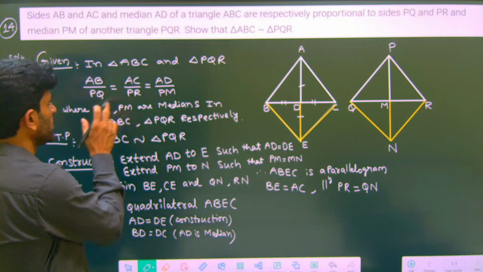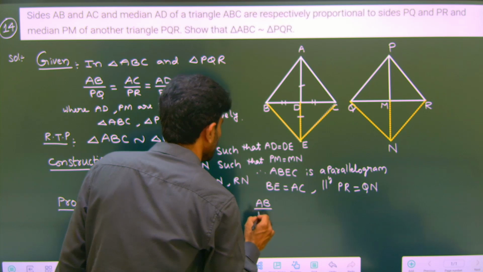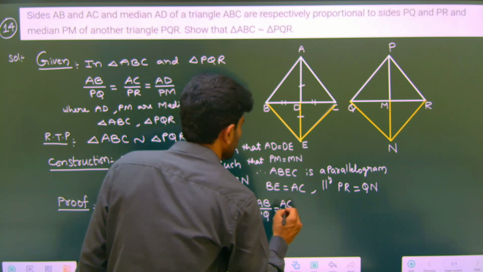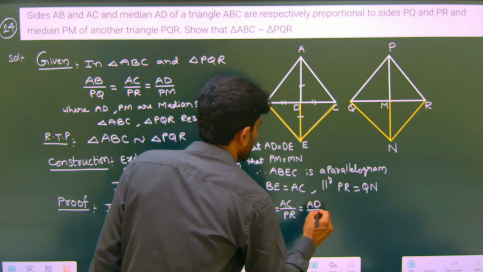Now we take the given ratio: AB by PQ is equal to AC by PR is equal to AD by PM.